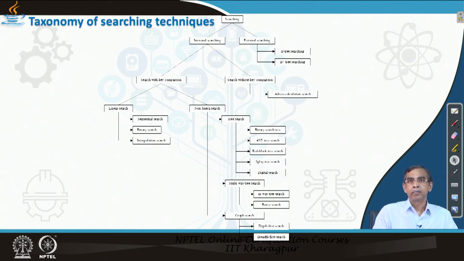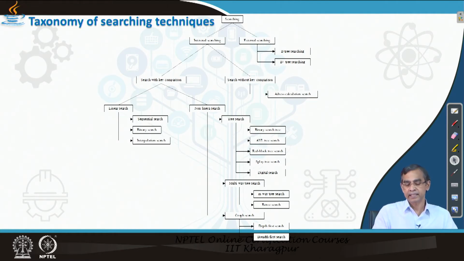On the other hand, for non-linear searching, the data are stored in a non-linear data structure like a tree or graph. If your data is stored in a tree type data structure, then different searching techniques can be applied, for example binary search tree search, AVL tree search, red black tree search, splay tree search, digital search.